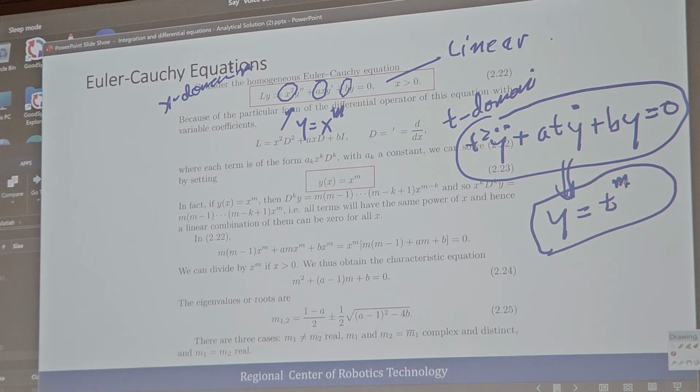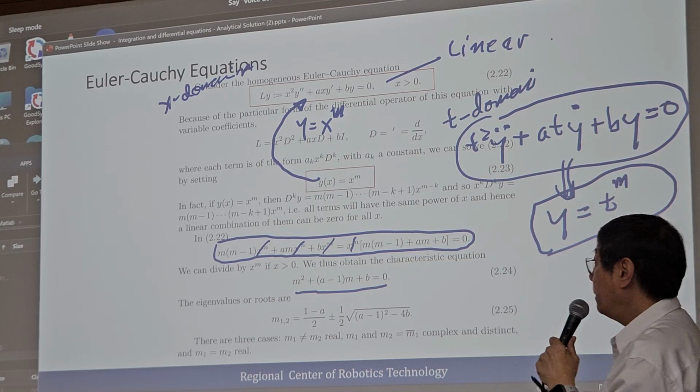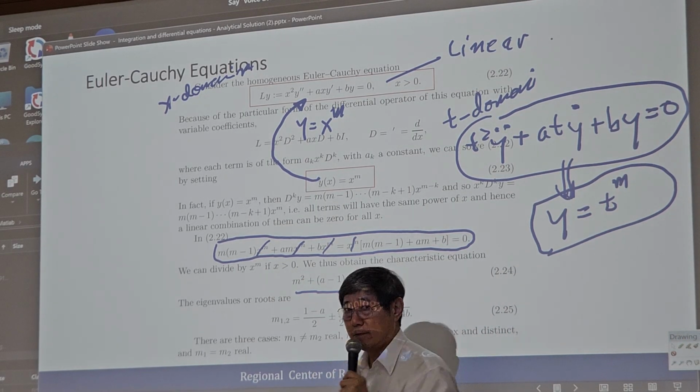So we just substitute this into the equation, and you have this one. You eliminate the common terms, and you get a form similar to the previous one, like lambda square.